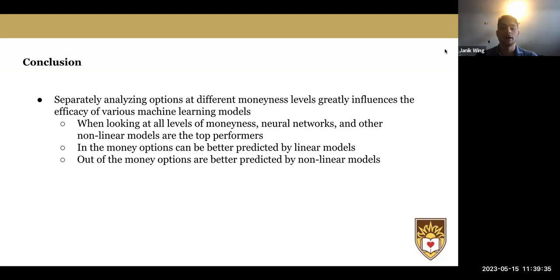When looking at all levels of moneyness as a whole, and you're using the same model, nonlinear models are far and wide the top performers, and artificial neural networks seem to be really advantageous. But if you're separately analyzing deep in the money options, perhaps they can be better predicted by linear models, while out of the money options are similarly predicted by nonlinear models.